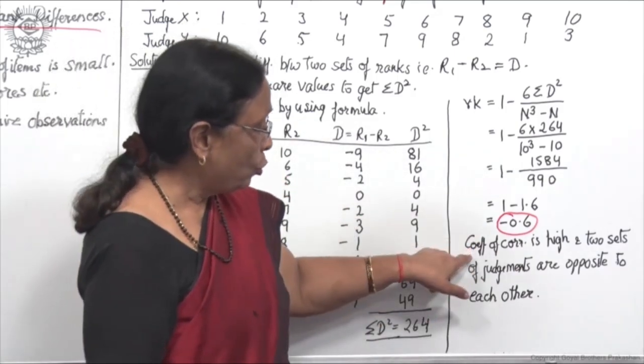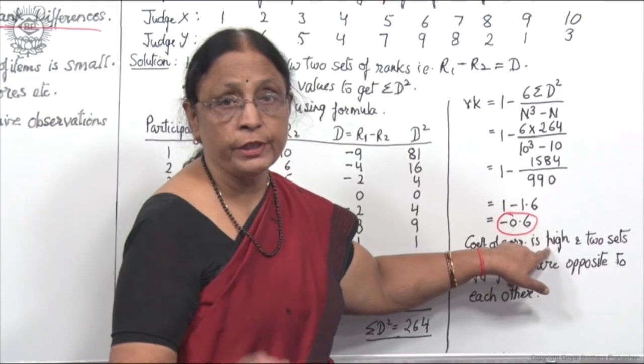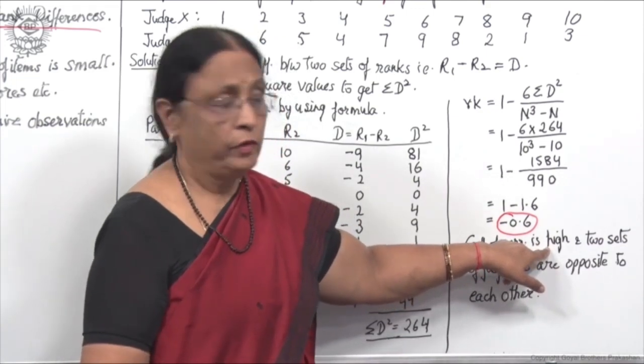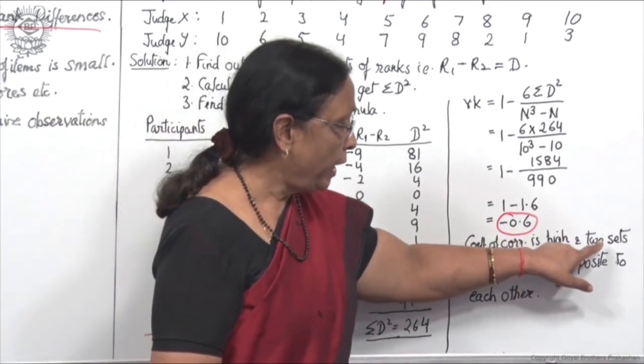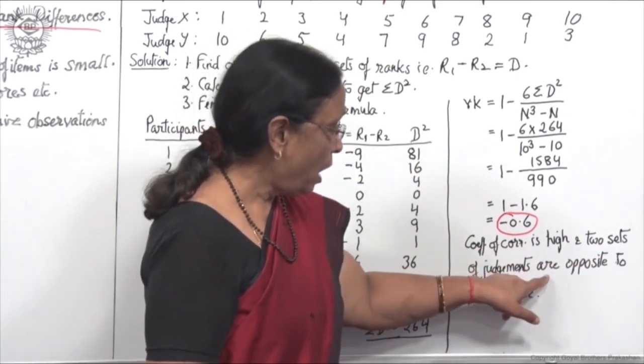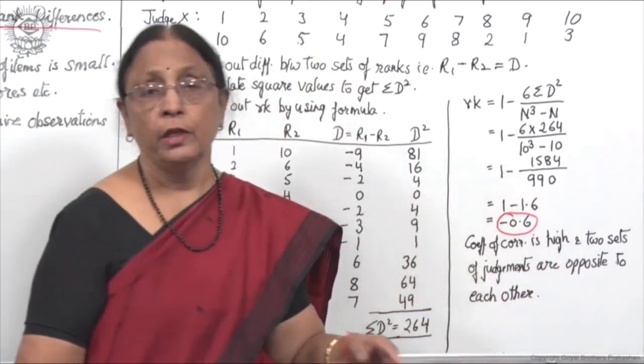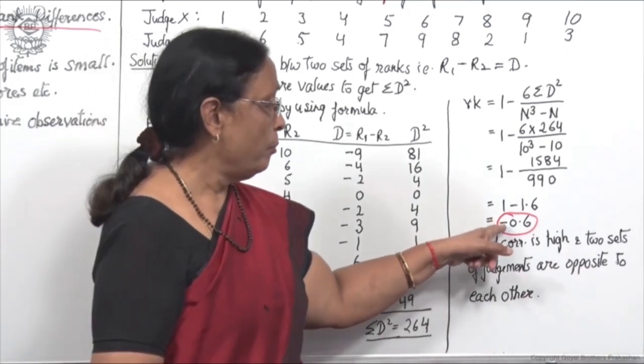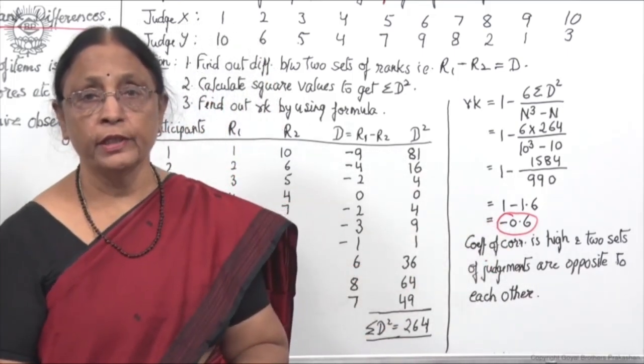Now this shows coefficient of correlation is high because it is more than 0.5. It is on the higher side, and two sets of judgments are opposite to each other because the answer is in minus 0.6.